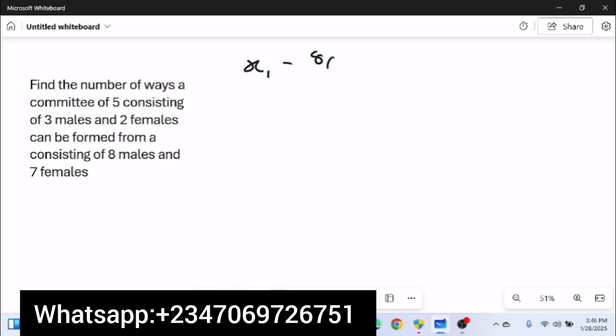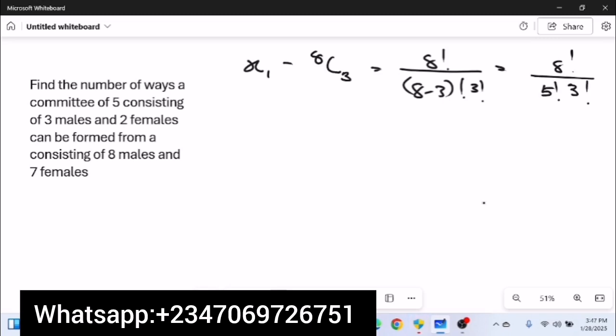So that is represented as 8 combination 3. So this is 8 factorial all over 8 minus 3 factorial multiplied by 3 factorial. So you have 8 factorial all over 8 minus 3, that is 5 factorial, multiplied by 3 factorial.